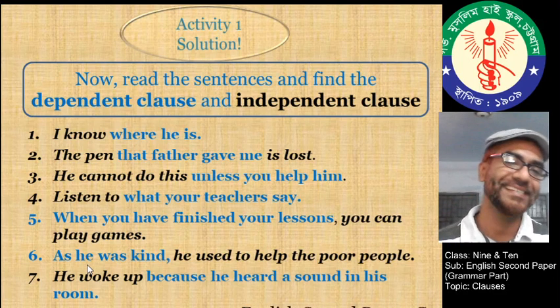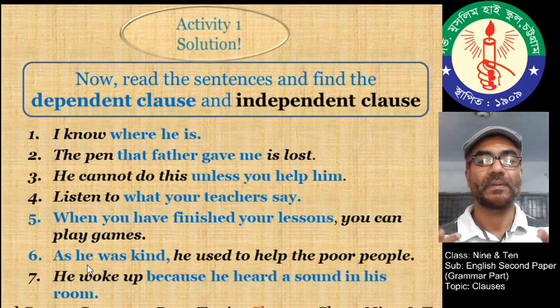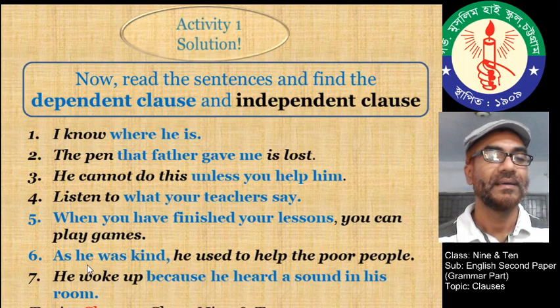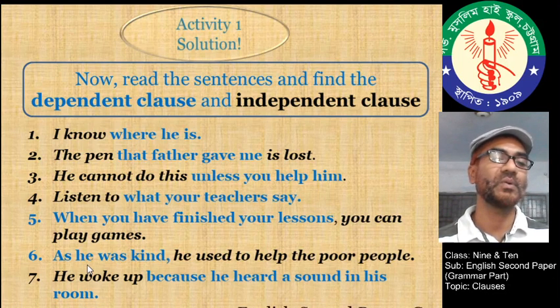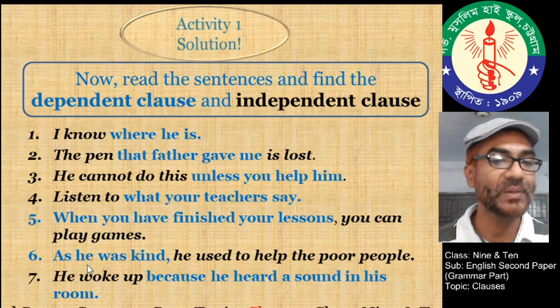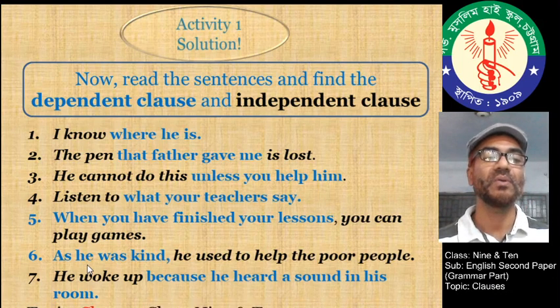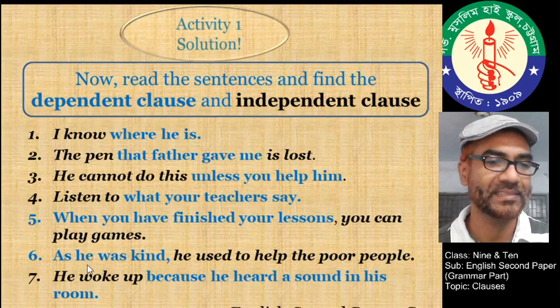Now you see the solution. Here the blue color bold part is the dependent clause, and the black bold part is the independent clause.